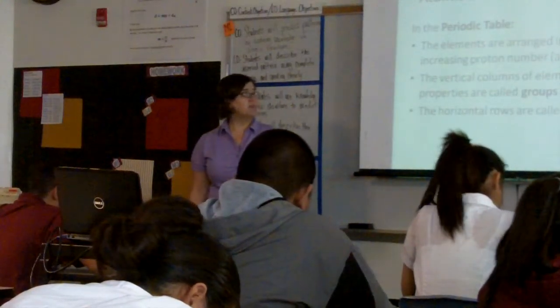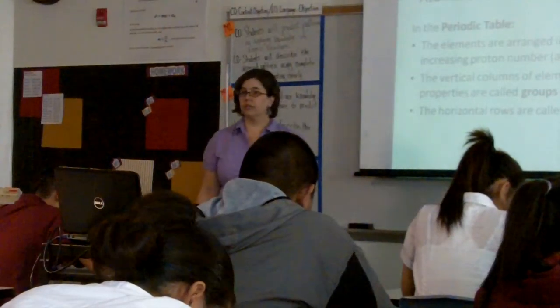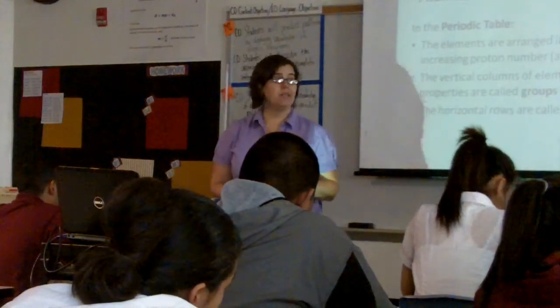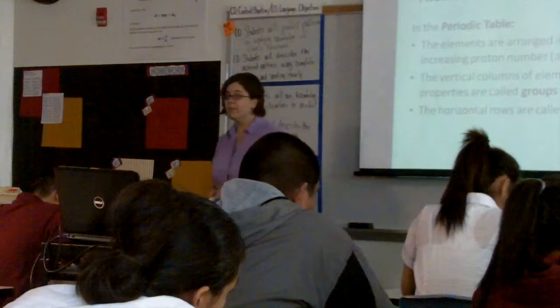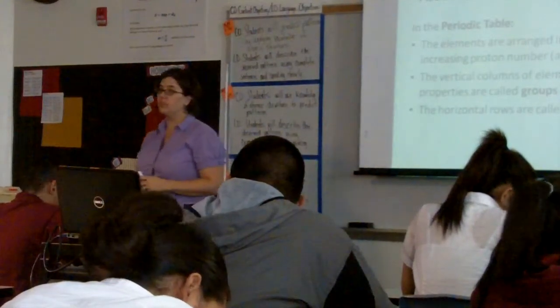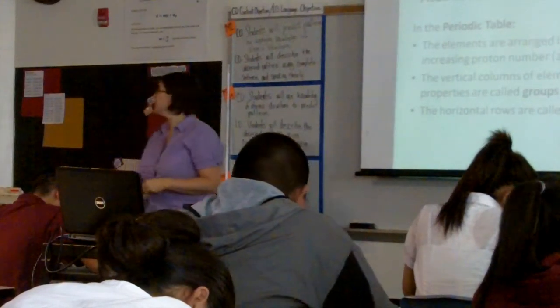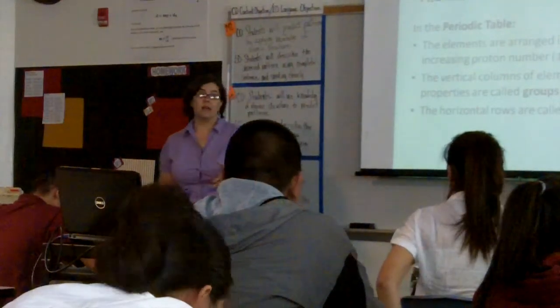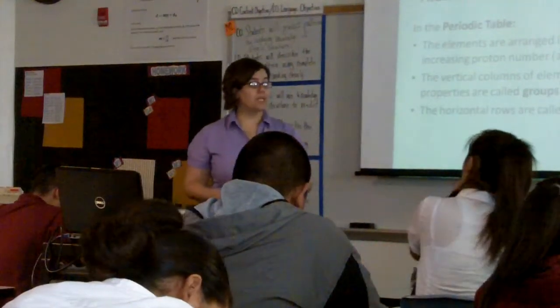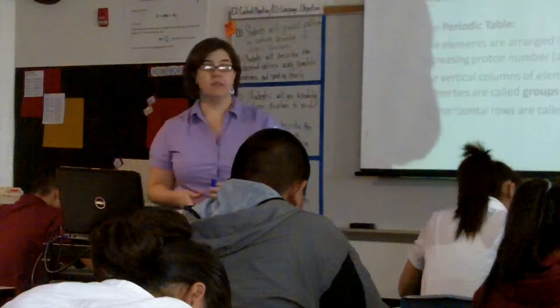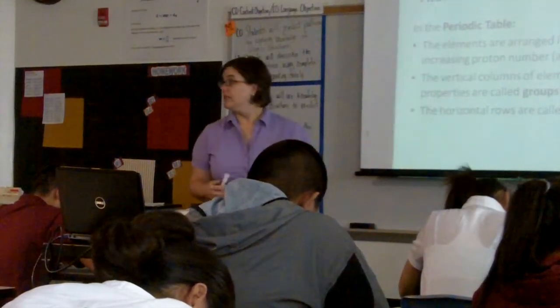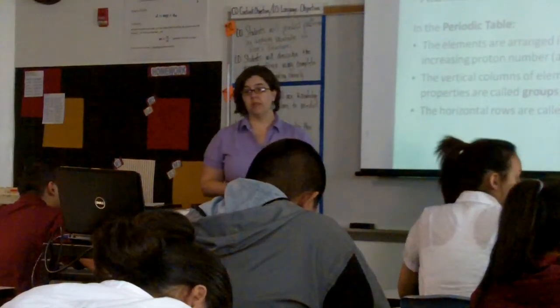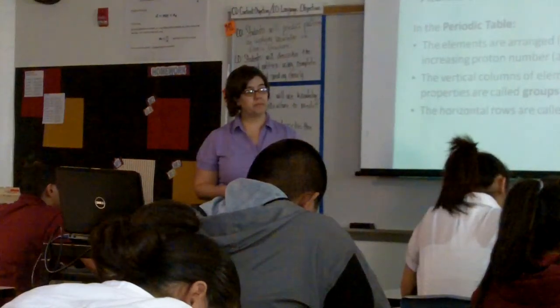If I wanted to ask you to find a particular element on the periodic table, I could refer to the group number or the period number. But even more than that, if we know the group number, it tells us something about the atom. Or if we know the period number, it tells us something about the atom.